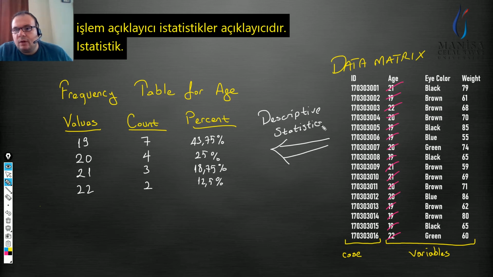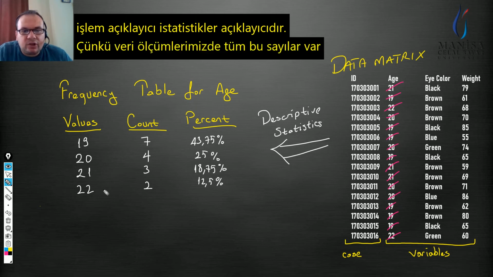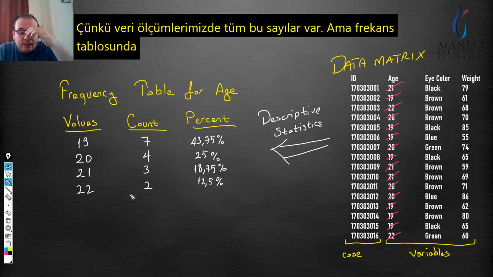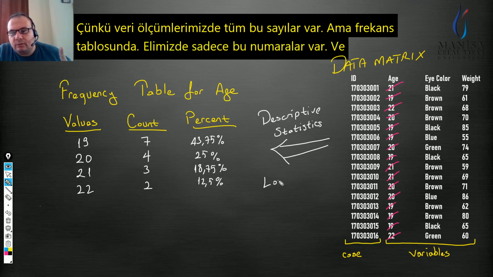Why? Because we have all these numbers in our data matrix, but in a frequency table we just have these numbers. Also we have lost some of our information.